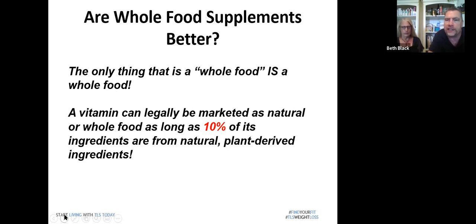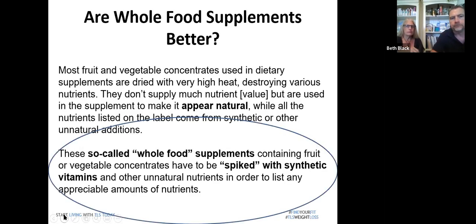So from a marketing standpoint, they use the term whole food, but it doesn't technically have to be a whole food. And as we tell people, the only thing that is a whole food is a whole food. And so we circled the key on this slide. These so-called whole food supplements do contain synthetic vitamins because the way they get heated up, it basically takes out all the natural benefits of the vitamin.